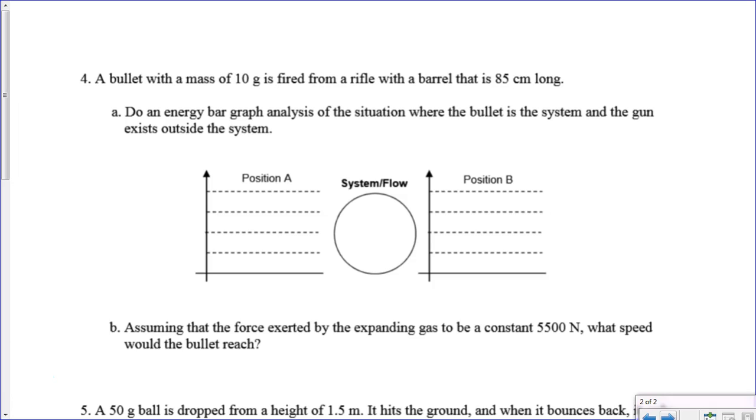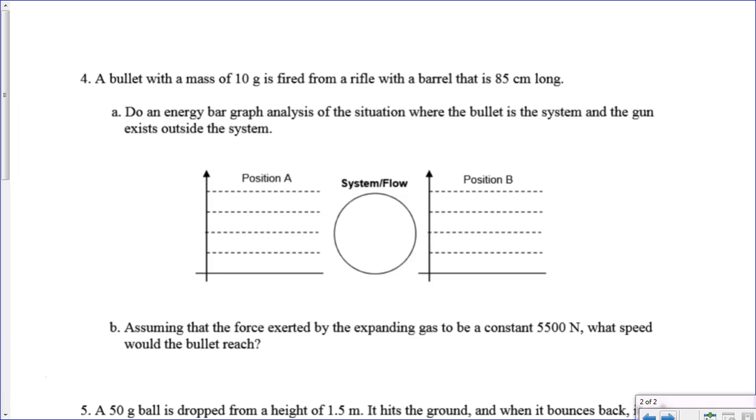And so if you think about this bullet that's just sitting there before being fired and what type of energy it would have, it actually doesn't have any type of energy. Some people might think gravitational potential energy because normally you would hold a gun up off the ground. But as you're firing a gun, when that energy is being transmitted from the chemical gunpowder to the translational energy trying to make the bullet move, there's not really a change in height that the bullet experiences, right?